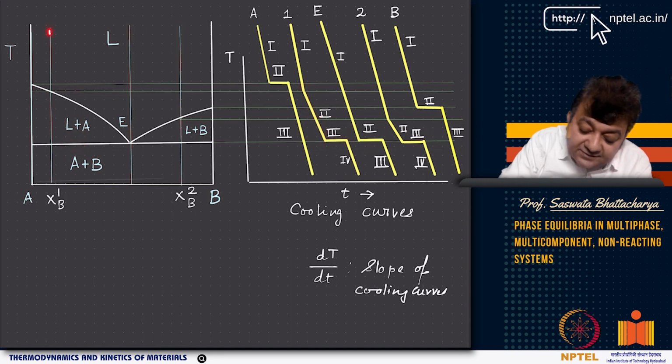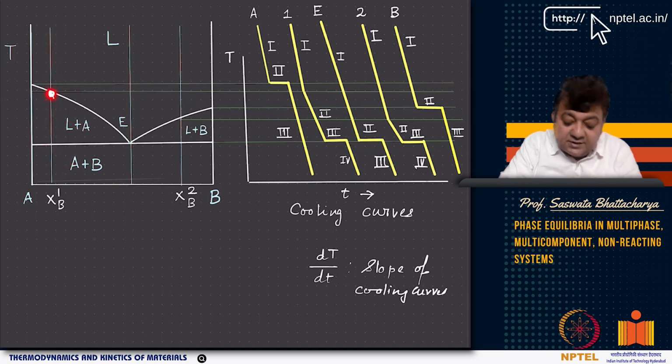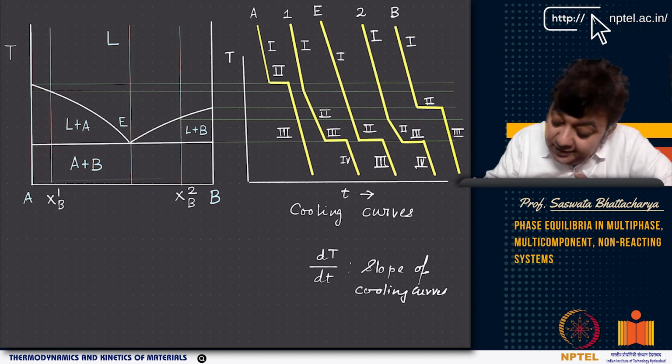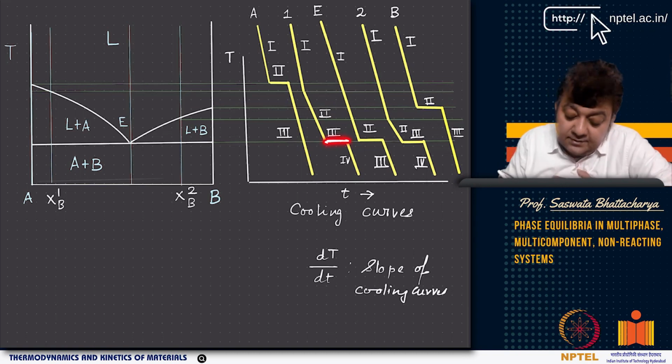In this case, when it is pure liquid, there is some nucleation happening, but once you go here, you have a liquid to solid transformation, right? Here you do not have a liquid to solid transformation. You have some A nucleating inside the liquid. But as soon as you come here, you have a liquid to solid transformation. So here again, if it is a liquid to solid transformation, you have an evolution of heat, and you see that for 1 you have this horizontal, right?